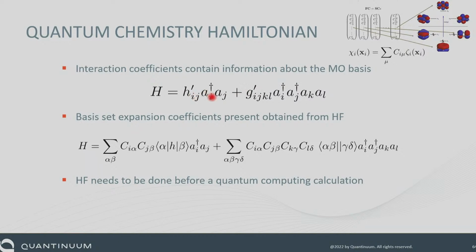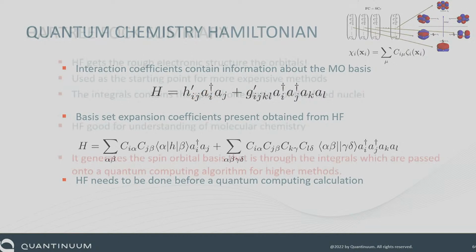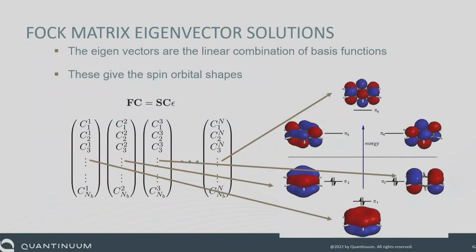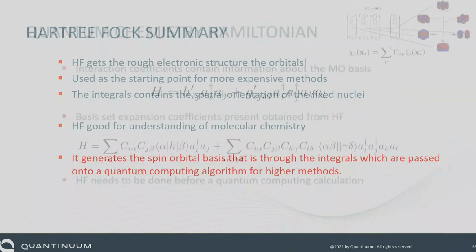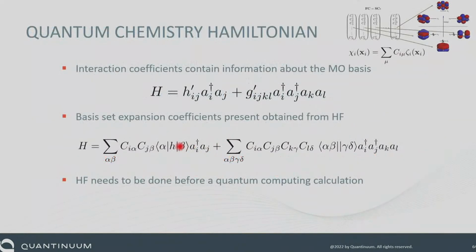Now, these I and J's are the spin orbitals, which are themselves linear combinations of basis functions. When you multiply out the I and J's in their basis expansions, all the linear combination coefficients come out.